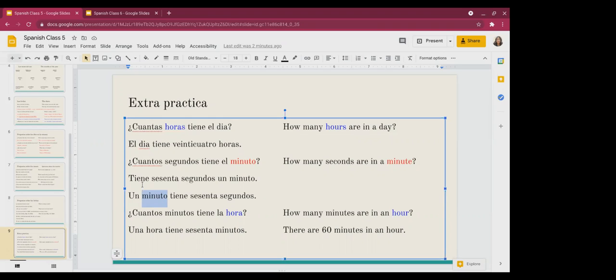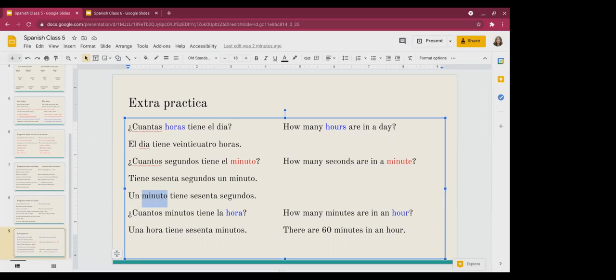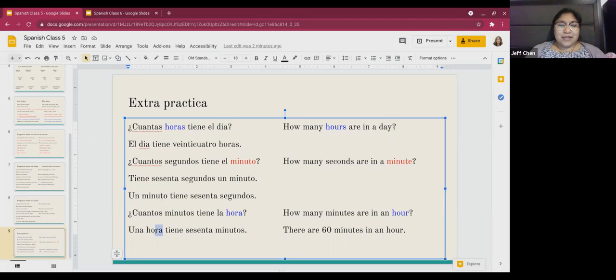So it's just un. When the word ends with an a, then you use una. This is how you figure it out. Right here, the subject ends in an a, so you would say una: una hora tiene 60 minutos. And then un minuto because we're talking about a minute.